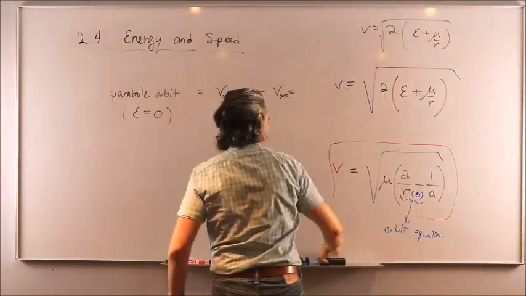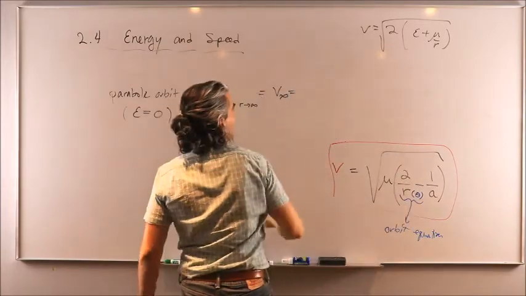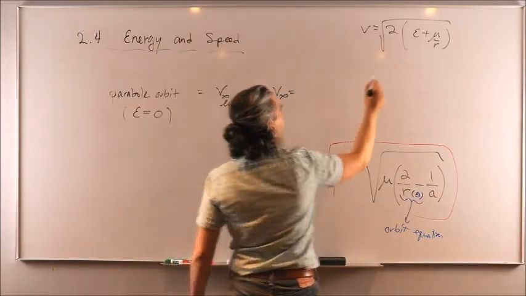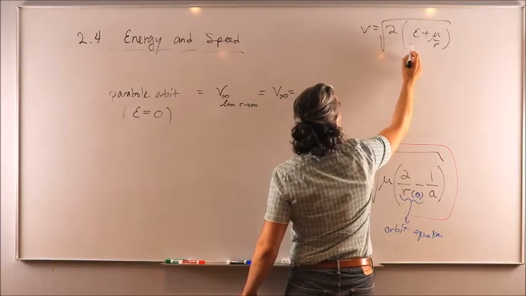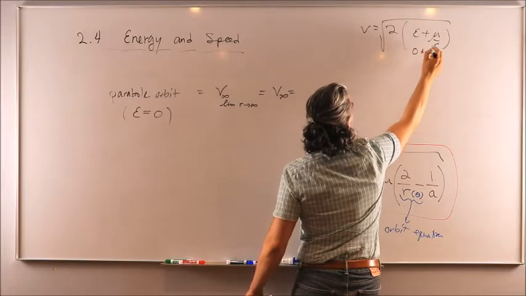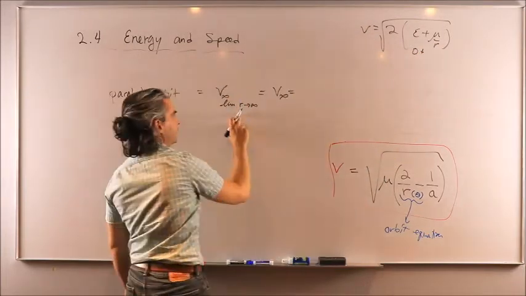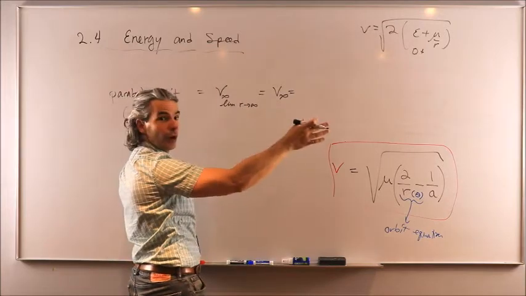Meaning that if orbital energy is 0, that gives us 2 times 0 plus mu over infinity, because we're looking at the speed whenever we are very far away from the planet.